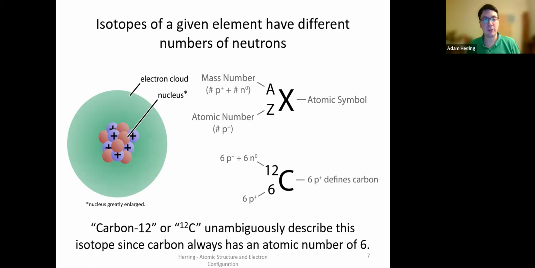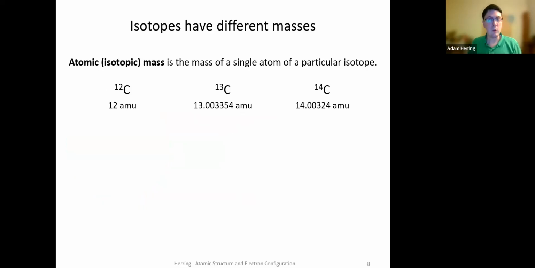And this describes this particular isotope because it has 6 neutrons and 6 protons. However, we do have different isotopes of carbon. Carbon 12 and carbon 13 exist much more commonly in nature than carbon 14 does.